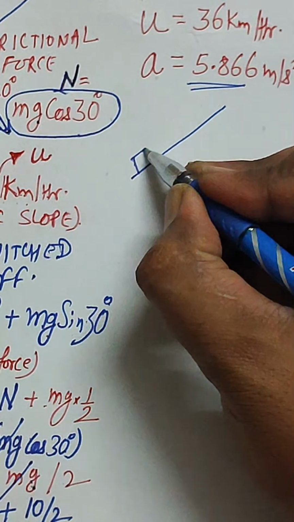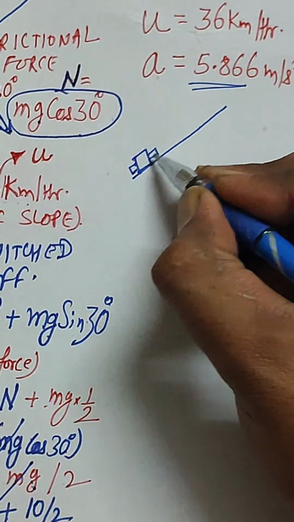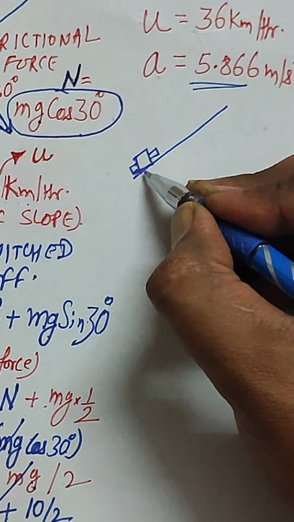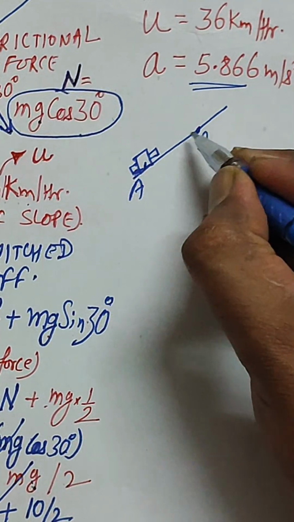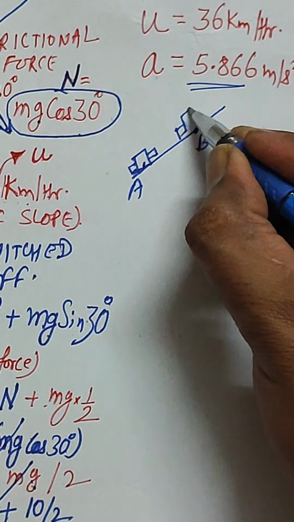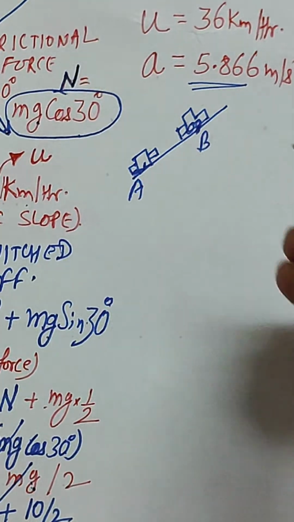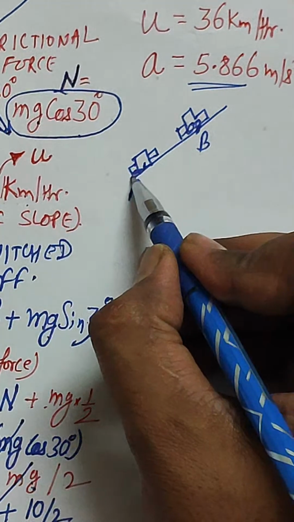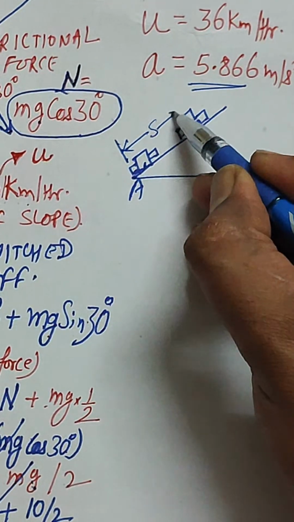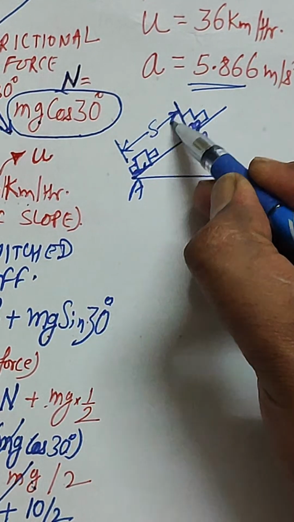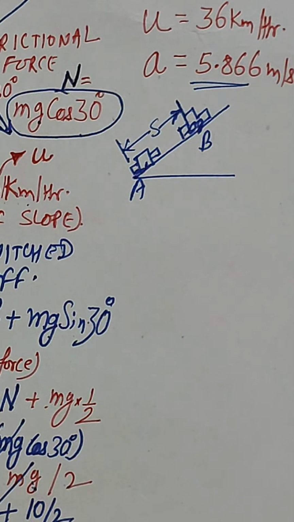The car started and the engine is switched off at point A and it stopped at B, as we have discussed in the figure above, right? So this distance is s, this distance we need to calculate, right? What is the value of s?